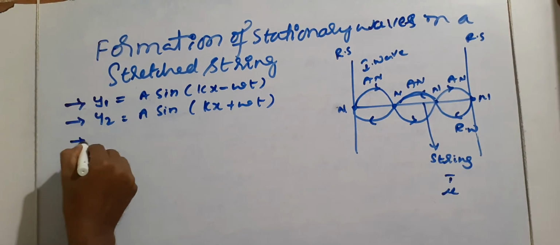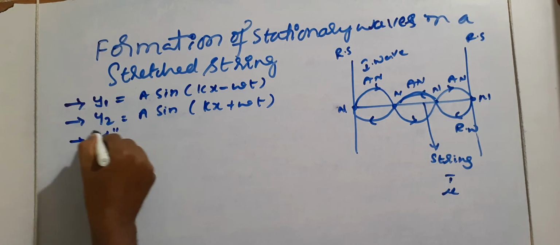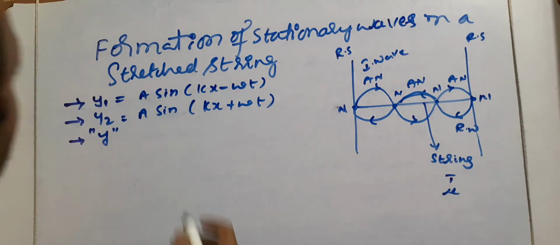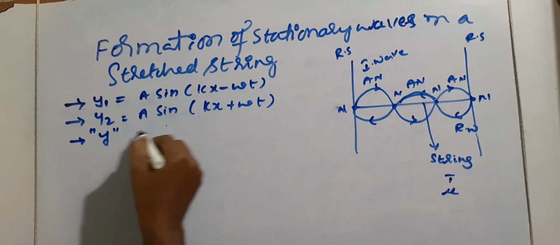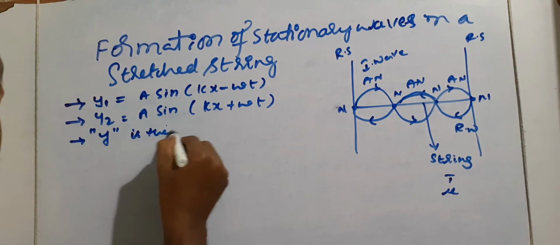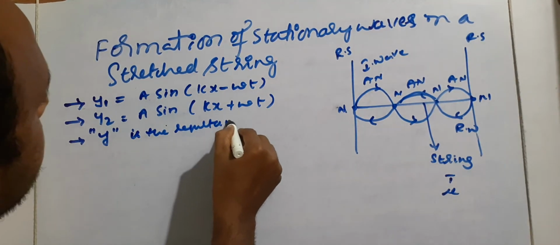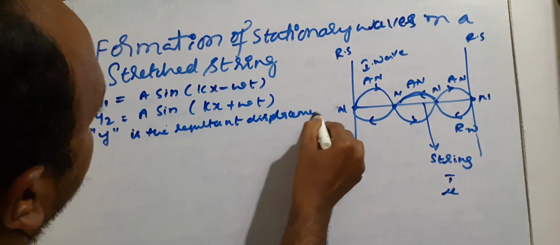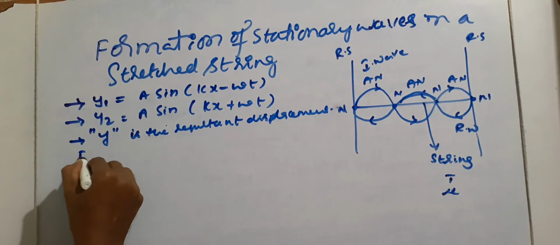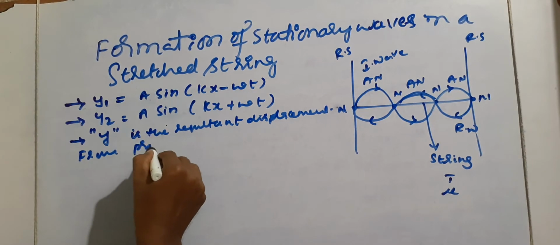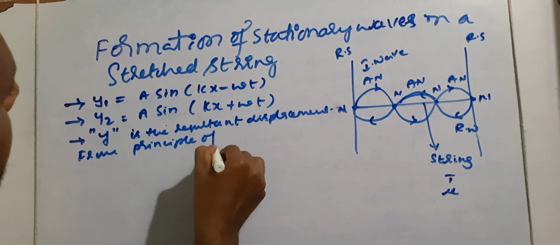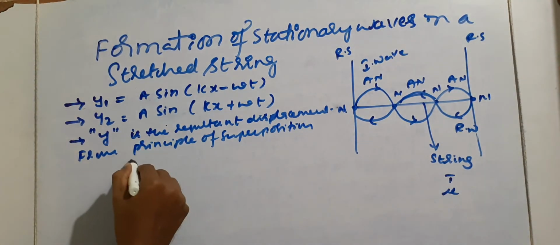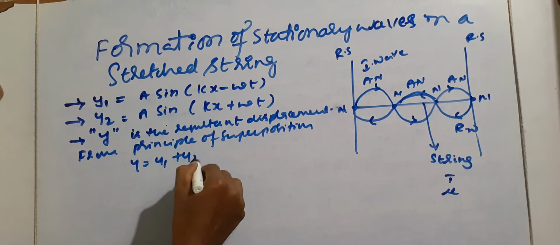Now y is the resultant displacement which is caused by the resultant wave. From the principle of superposition, we can write y equals y1 plus y2.